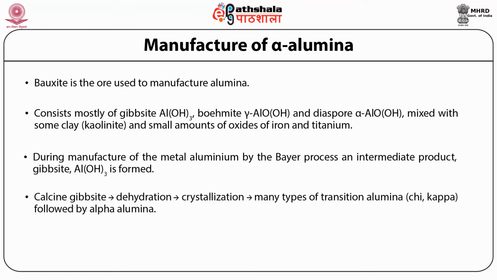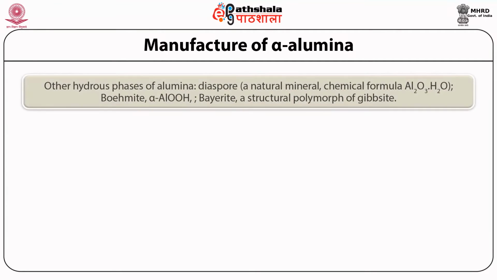The calcination of gibbsite results in its dehydration, followed by crystallization to many types of transition alumina, which is followed by alpha alumina. On cooling, the alpha phase remains stable. However, in addition to gibbsite, many other hydrous phases of alumina are also known.